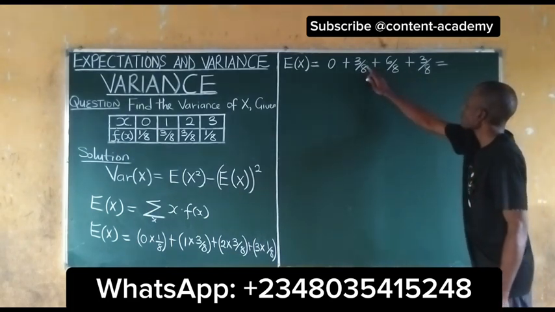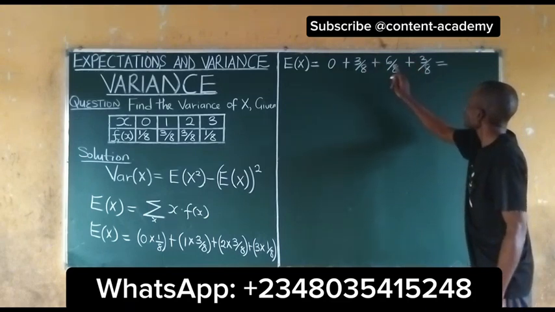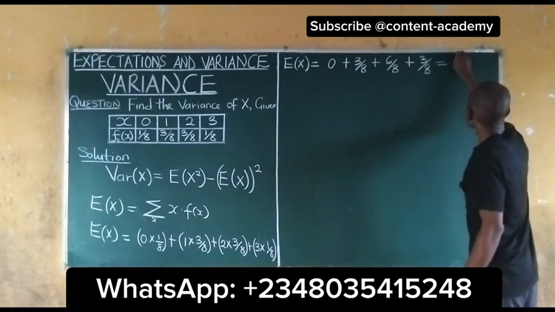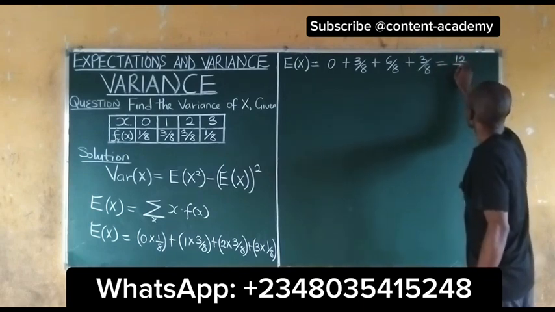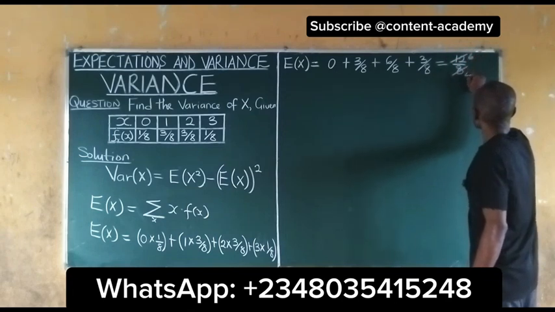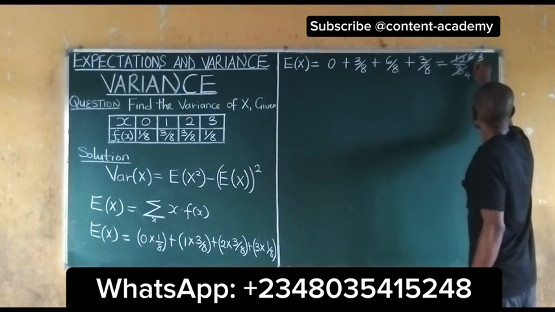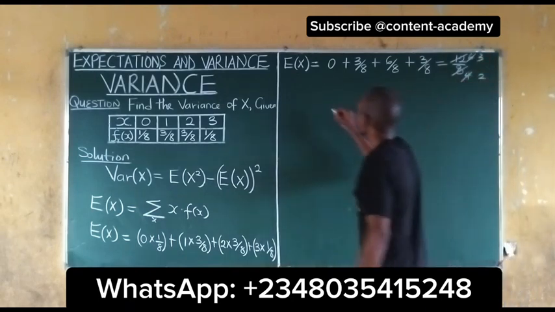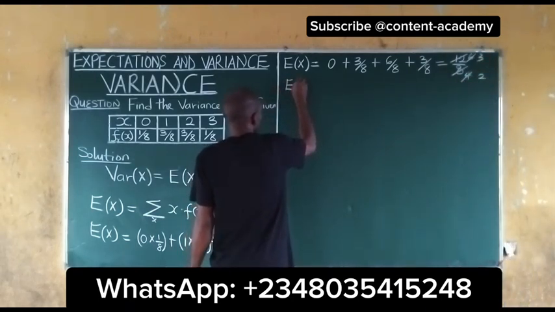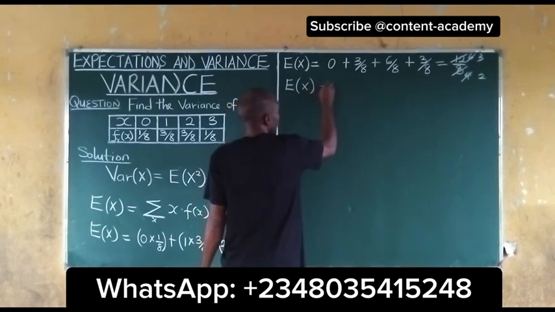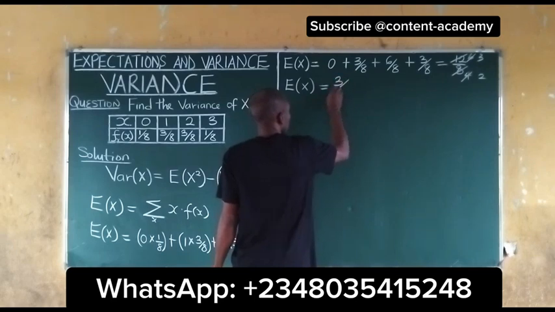If they have the same denominator, we say 3 plus 3, 6 plus 6, 12. So we have 12 all over 8. Dividing by 2 gives 6 over 4, then 3 over 2. So our expected value of x is equal to 3 all over 2.